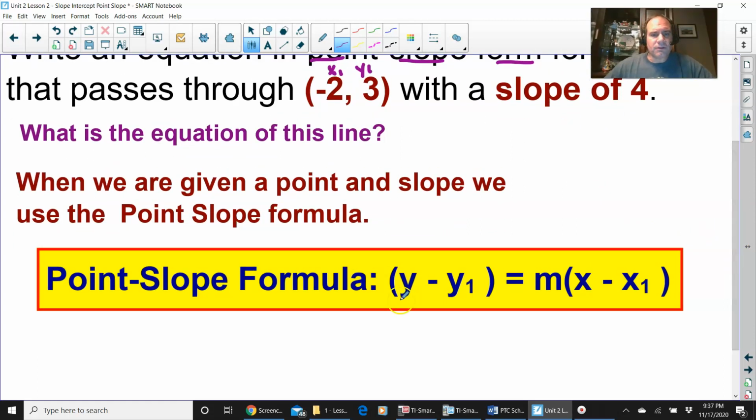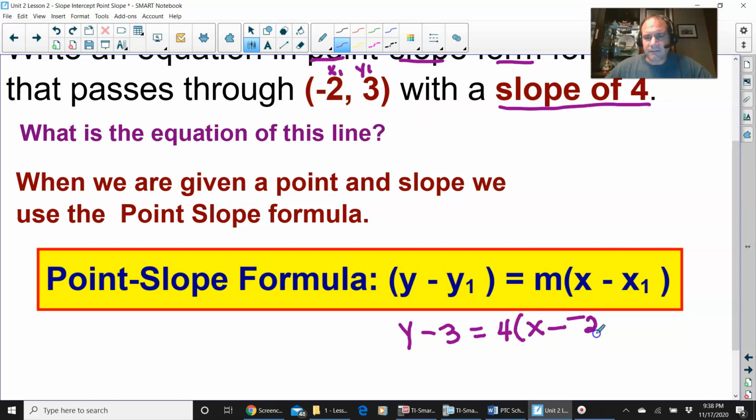All right, so point slope form. So I'm just going to go ahead and substitute in. This is y minus, from this formula, what is y1? My y1 is 3. We don't need the parentheses around that. What's the slope? They give you a slope of 4. x minus, well, I have a -2.